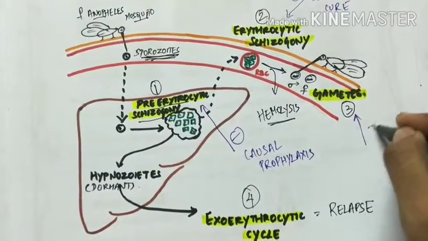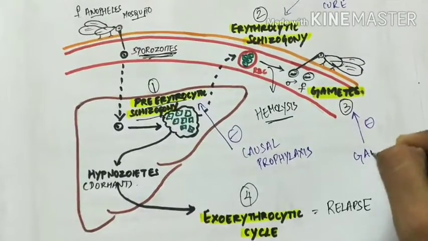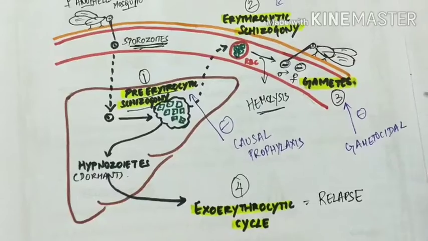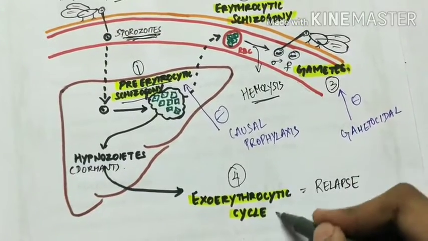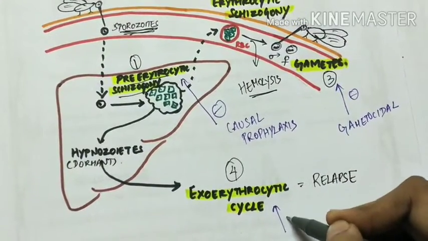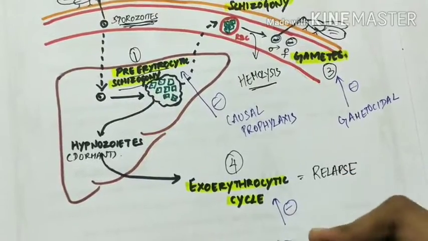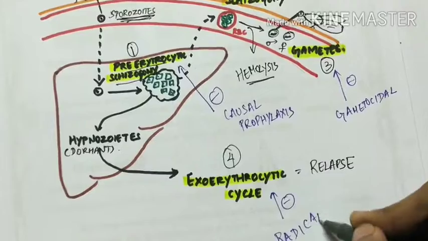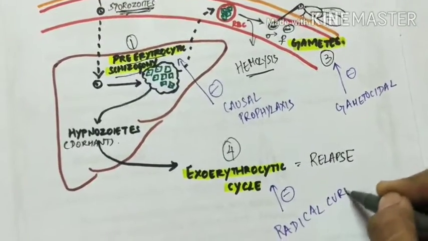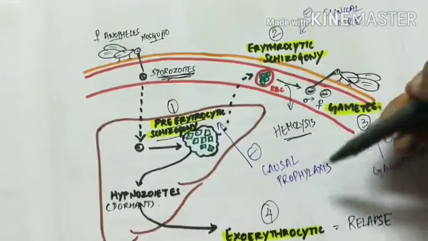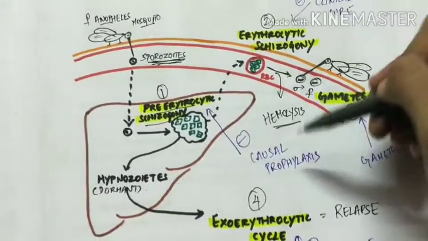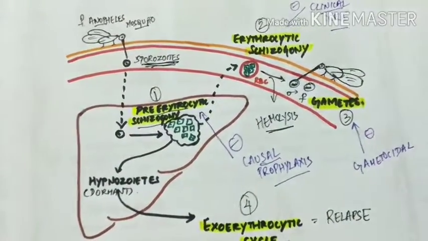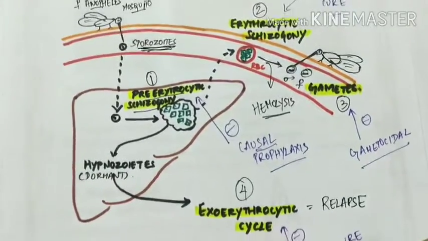Inhibiting the gametes is gametocidal. And inhibiting the exoerythrocytic cycle is called radical cure. So these are the four ways of treating malaria: causal prophylaxis, clinical cure, gametocidal, and radical cure.